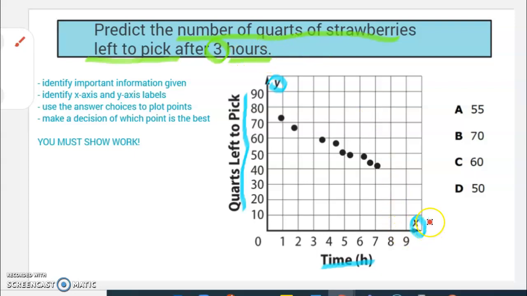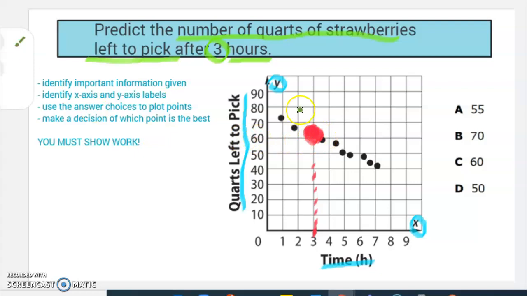So hours, I know I'm having to look at my x-axis. If I find the 3 on the x and then follow my way up to my data points, I'm going to color it in. So the answer choice that I'm looking for should be landing in this area. Okay?